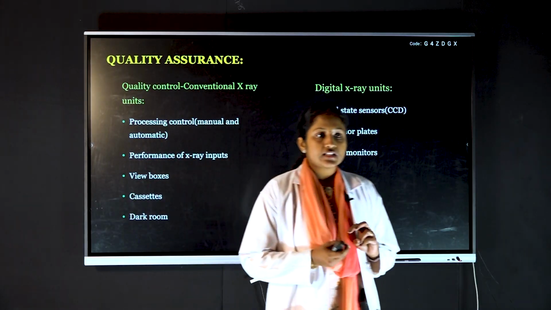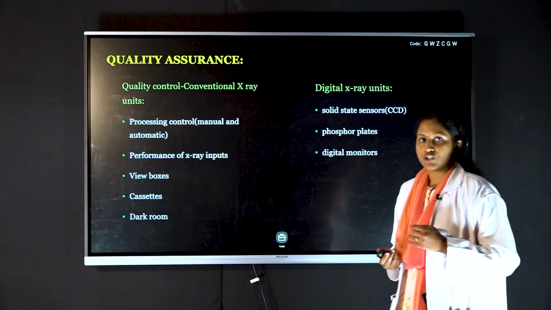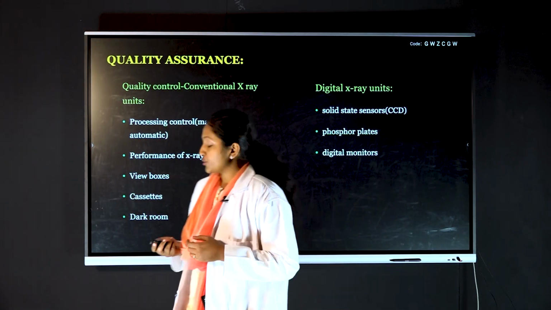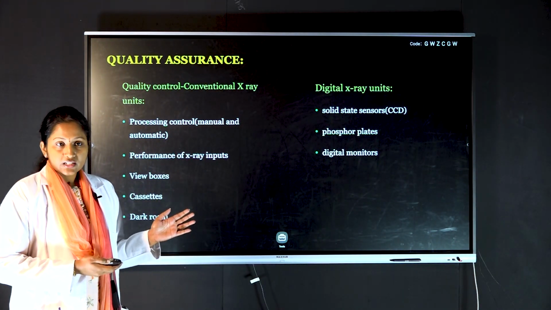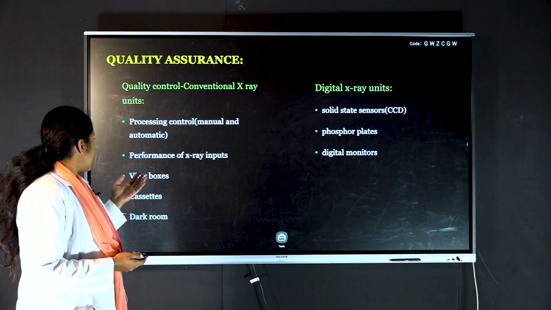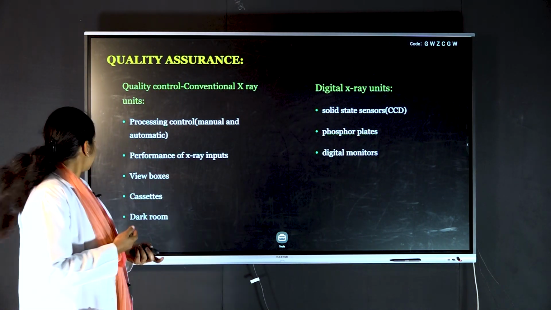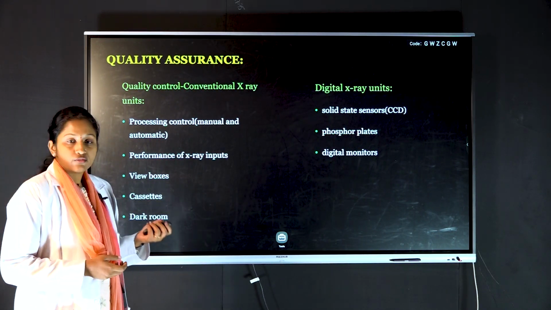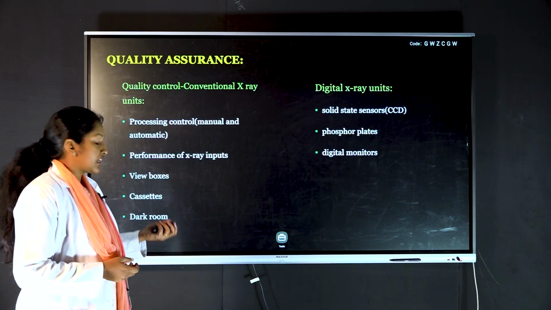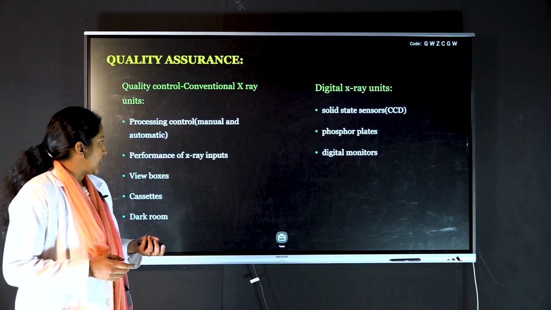As we said, this is divided into two types: quality control tests and quality administration procedures. Quality control tests include those that are done for the X-ray units, like processing control, to assess the functioning of the X-ray units, and to assess the functioning of the view boxes, the cassettes that are used in radiology, and darkroom safe lighting.